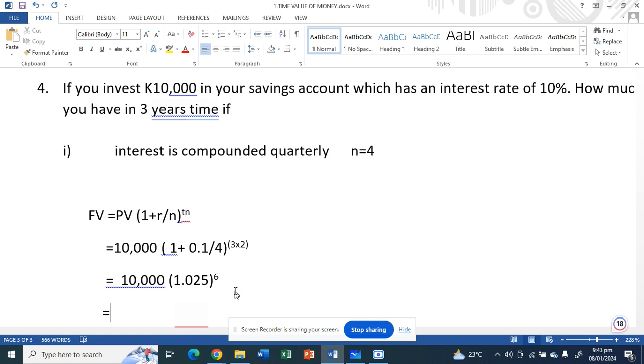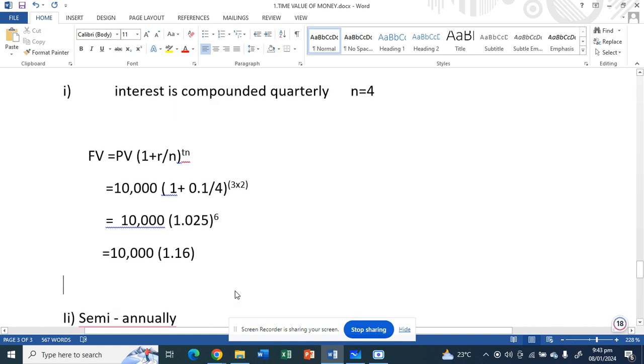1.025 to the power 6. We leave it to 2 decimal places, so that would be 1.16. Right, then we multiply 1.16 by 10,000.